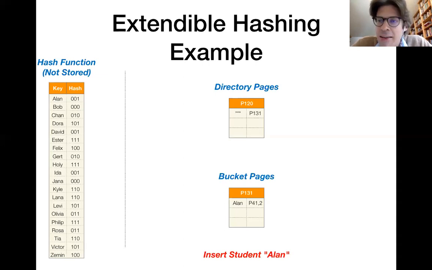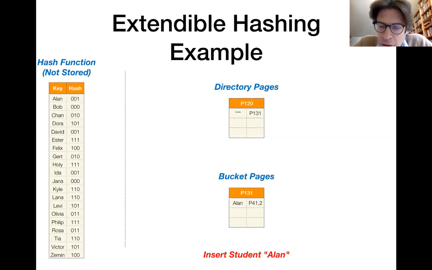That means I need 3 bits in order to represent that. And right now in the directory, you see on the left column, we have those 3 stars. And by that, I mean that here we are associating all entries, independently of their values for those 3 bits of the hash function, with page number 131.